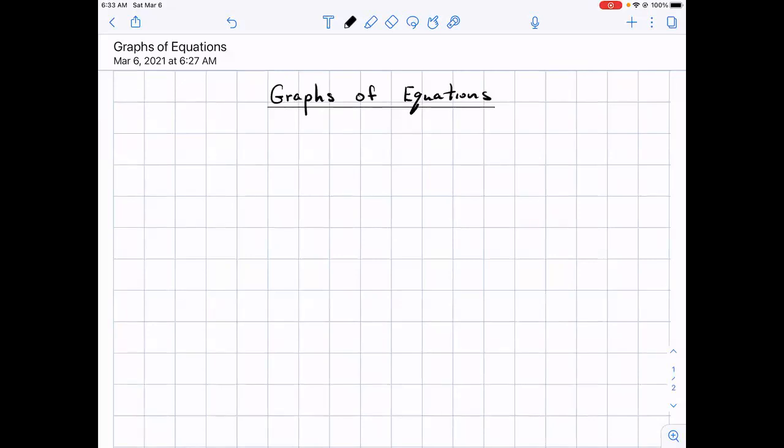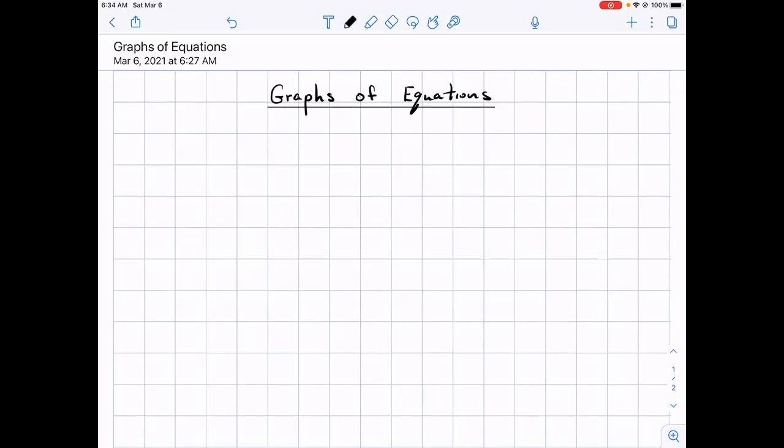Okay. So we have seen before that you use a coordinate system to graph or to put a relationship between two quantities. And those two quantities that I'm referring to are the x, y point. So frequently, the relationship between two quantities is expressed as the equation of two variables.